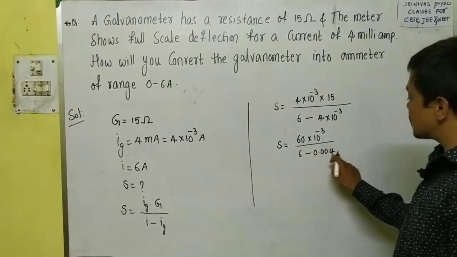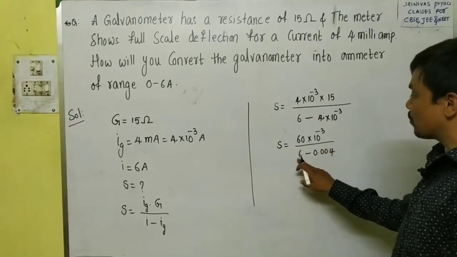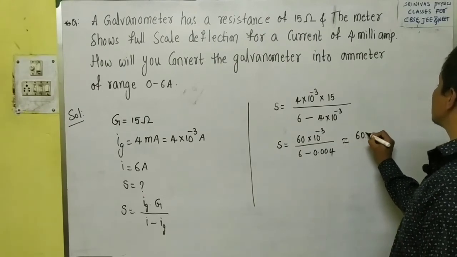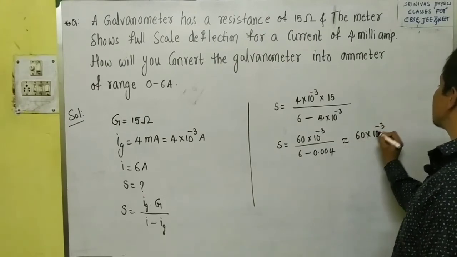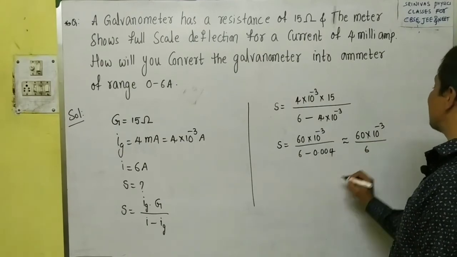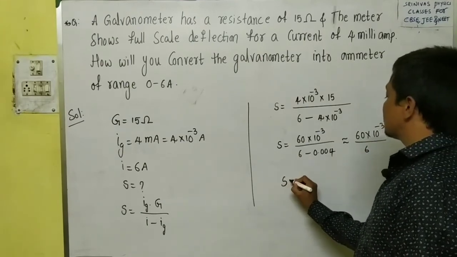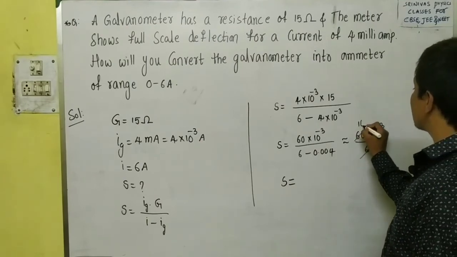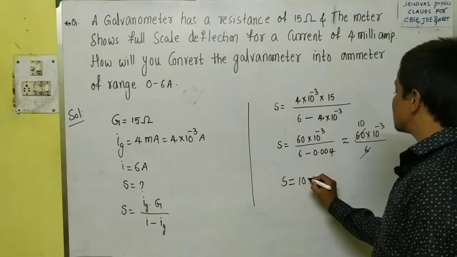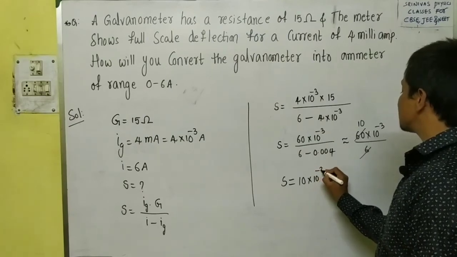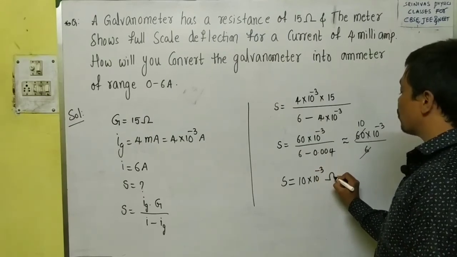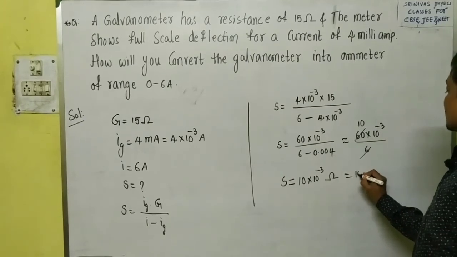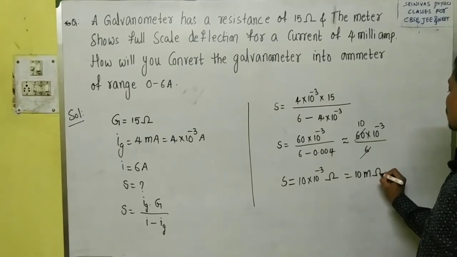I neglect this 0.004 when compared with 6. Then I get nearly 60 into 10 to the power of minus 3 by 6, and 6 into 10 we get. That means the shunt resistance is 10 into 10 to the power of minus 3 ohm, and 10 to the power of minus 3 we write as 10 milli ohm.